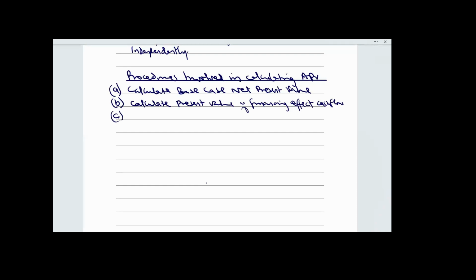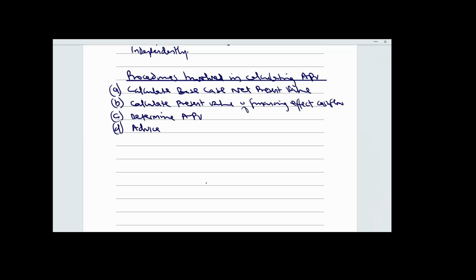Then C, determine adjusted present value. Then D, advise on the acceptability of the project. These are the four procedures that you need to carry out anytime you want to compute adjusted present value.